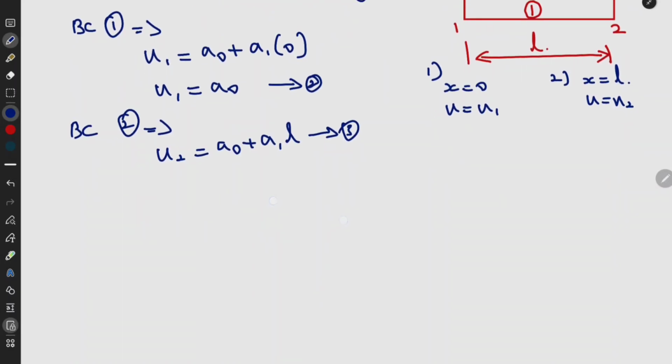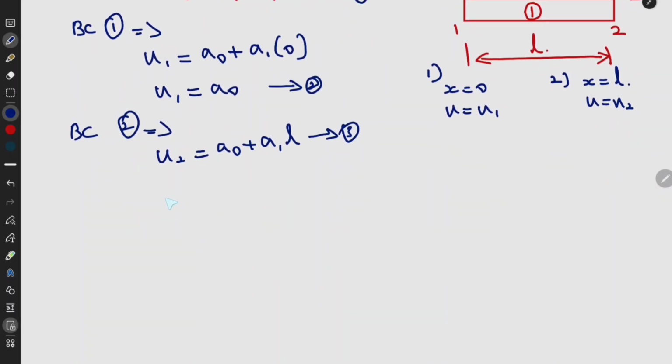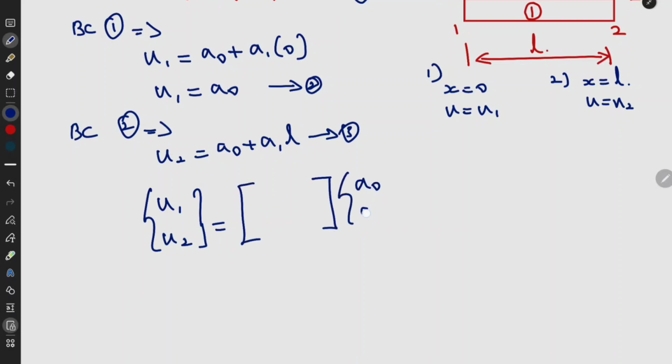Now I am going to convert these two equations into a matrix. So u1, u2 is equal to the matrix 1, 0, then 1 and L, multiplied by a0 and a1. This is my equation number 4.